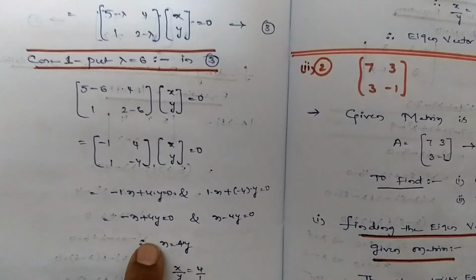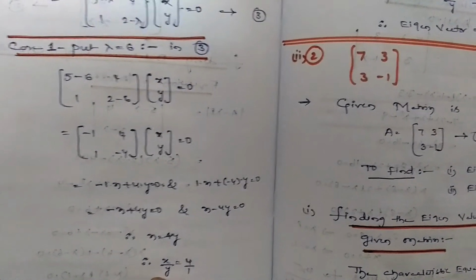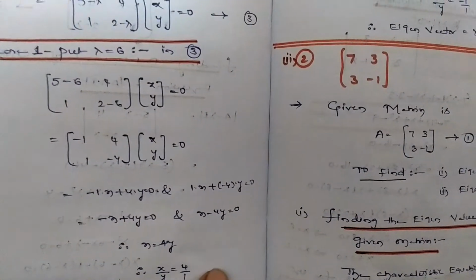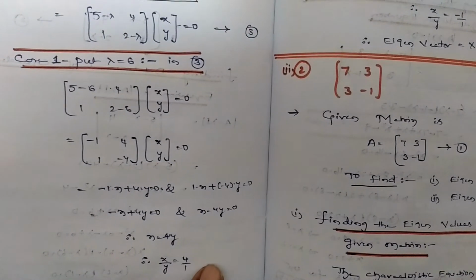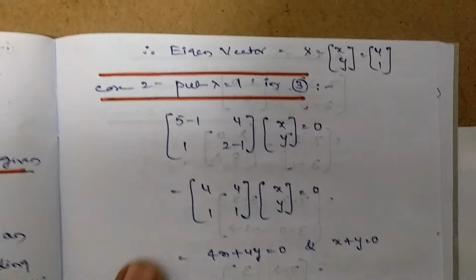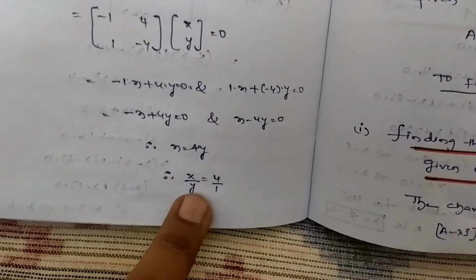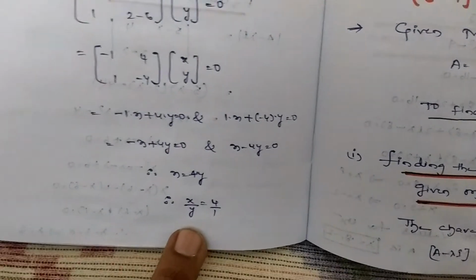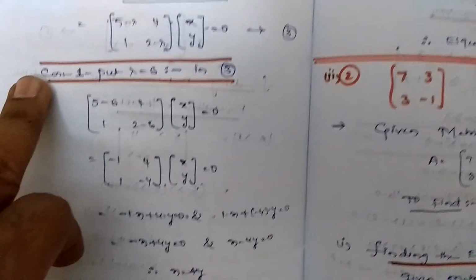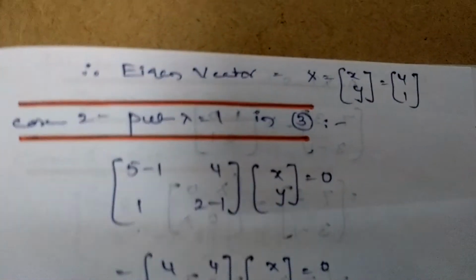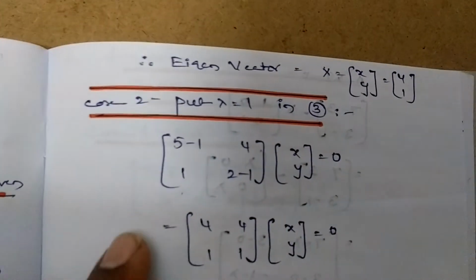Find the values of x and y. So x by y equal to 4 by 1 equal to k, where k is a constant. That becomes the values whatever we got here, x equal to 4 and y equal to 1. Those are the eigenvectors of the given matrix.